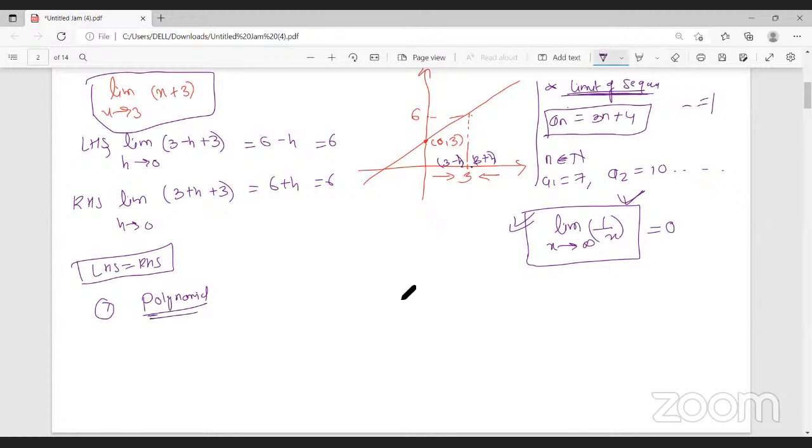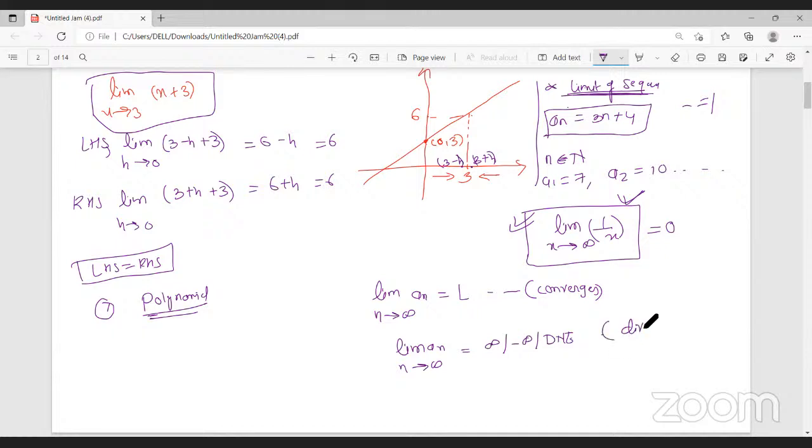I will write the condition here. Suppose the limit as n tends to infinity of a_n equals some value, then I can say my sequence converges, right? And when the limit as n tends to infinity comes out as infinity or minus infinity or does not exist, then I can say it is divergent.